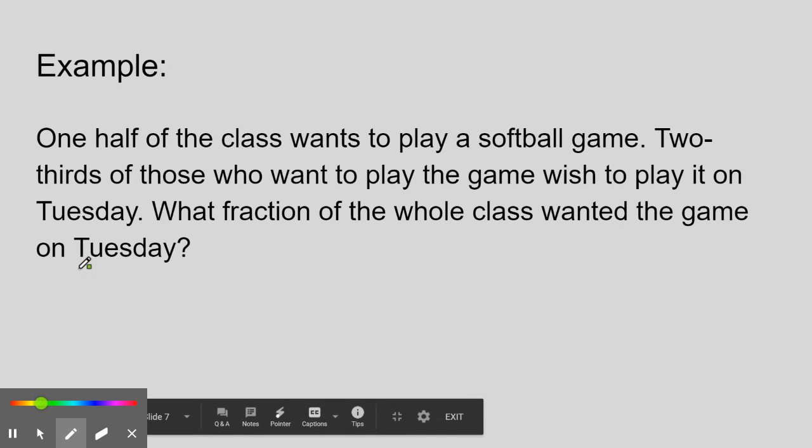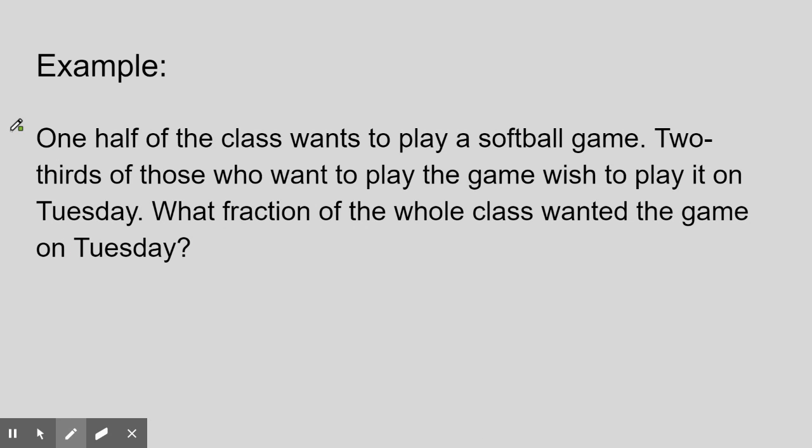What fraction of the whole class wanted to play the game on Tuesday?